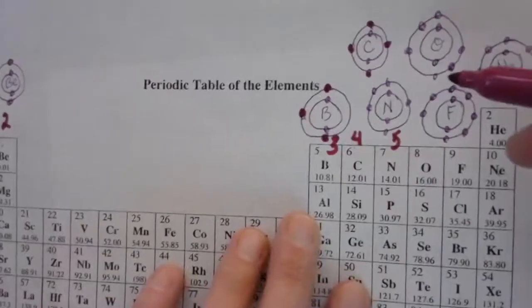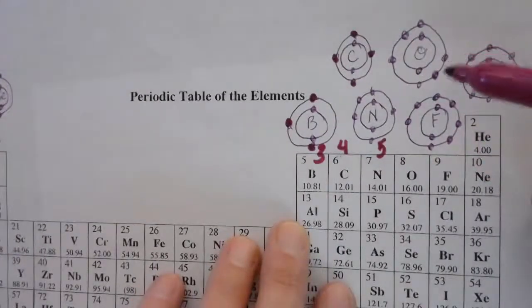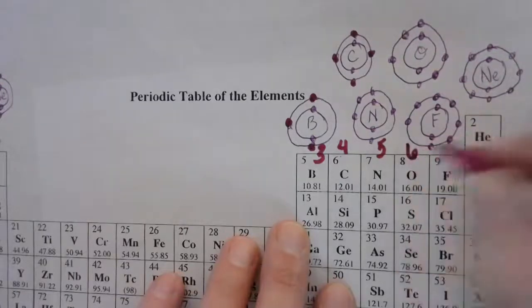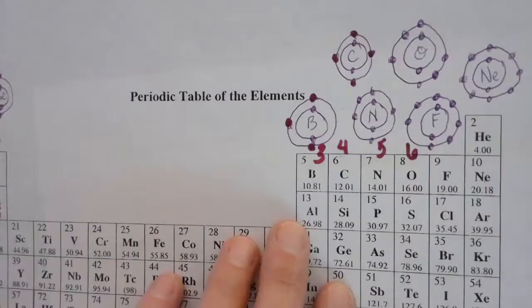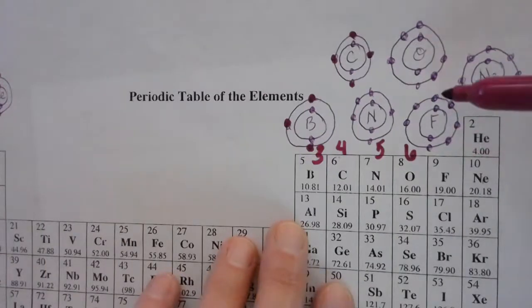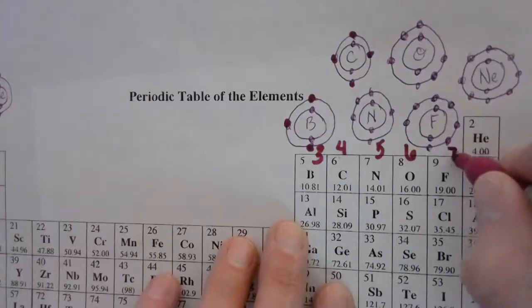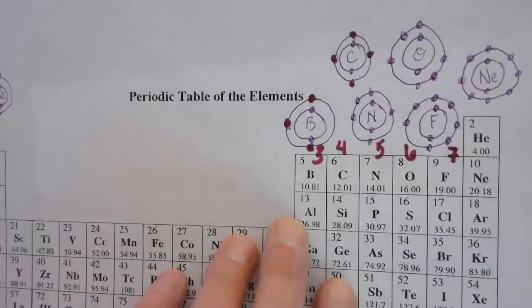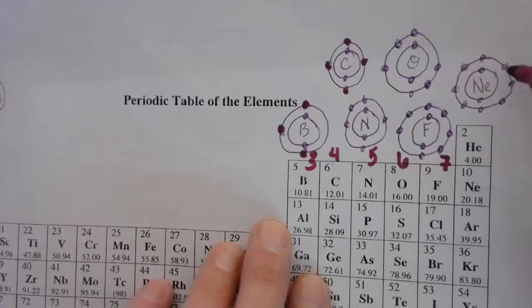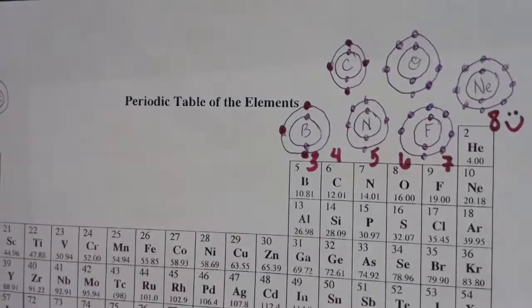How many valence electrons for oxygen? 6. How many valence electrons for fluorine? 7. How many valence electrons for neon? 8, which means he's happy.